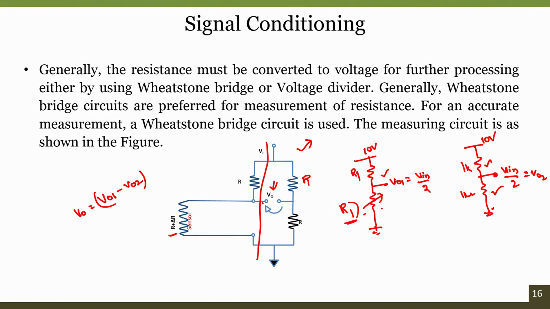So, the effect we saw in the resistive divider network in the previous case, where it always gives an offset of Vin by 2, or half of your input voltage, is compensated by using another pair of resistive divider network and differencing the output voltages.